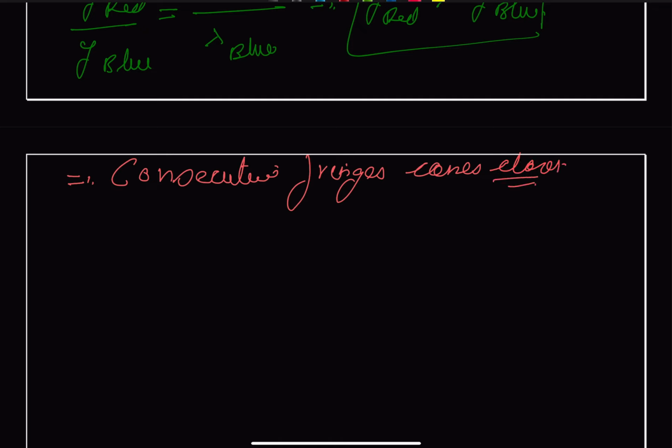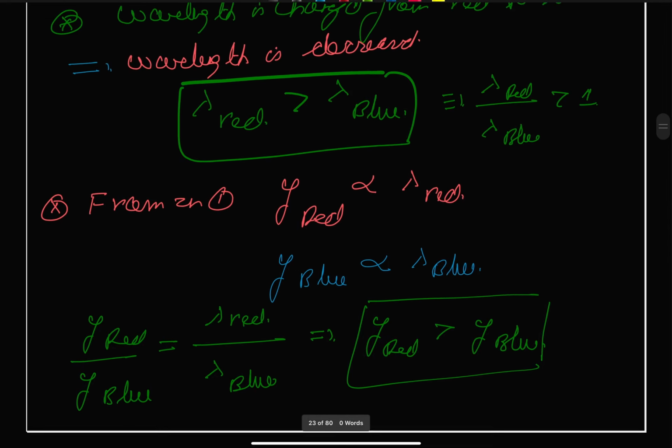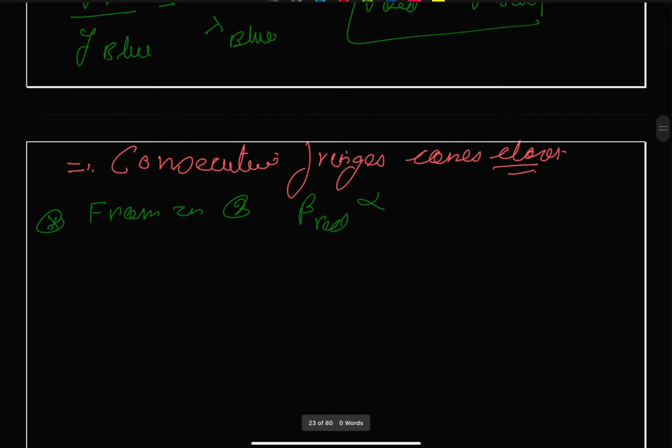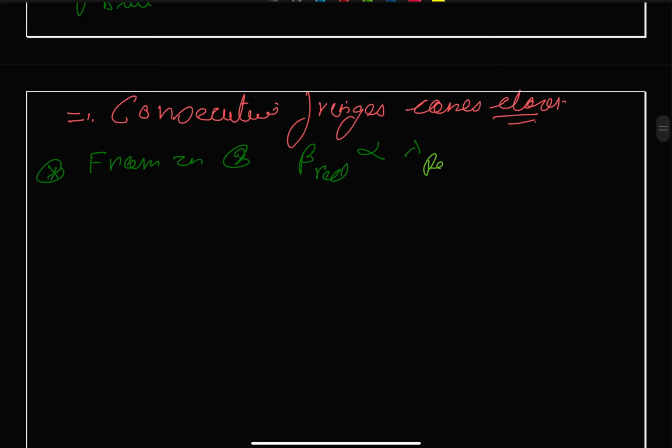And from equation 2 we can say our beta for red is directly proportional to lambda of red, and beta for blue is directly proportional to lambda for blue.